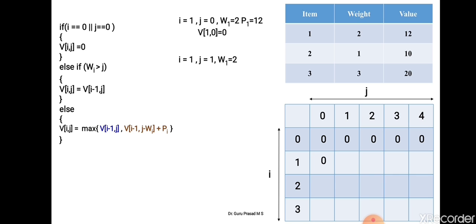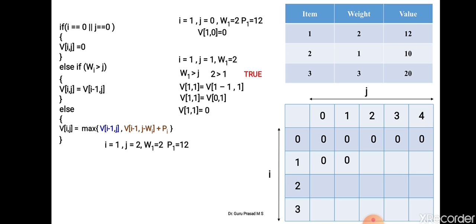In the else if, is wi greater than j? w1 is 2, 2 greater than 1, true. So V of 1, 1 equals V of 1 minus 1, 1, that is V of 0, 1. In the matrix, V of 0, 1 is 0, so V of 1, 1 is 0.